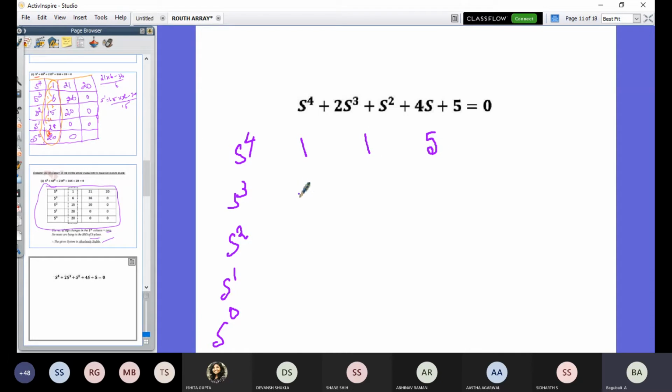What about S cube? 2 and 4. The next entry is 2 into 2 minus 4, divided by 2, which is minus 1. Correct? Then 5 into 2 is 10. 10 minus 0, divided by 2, is 5.